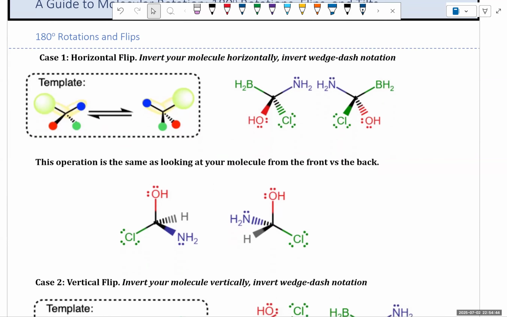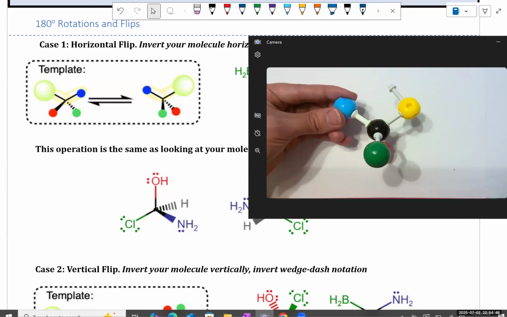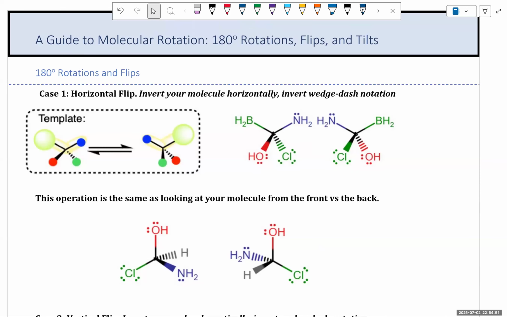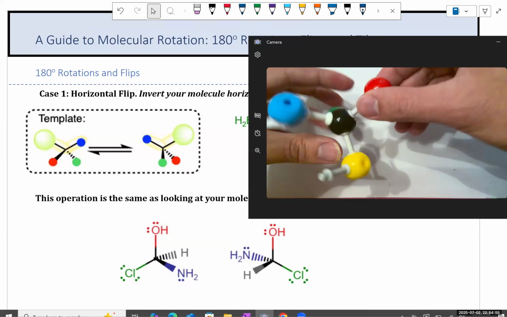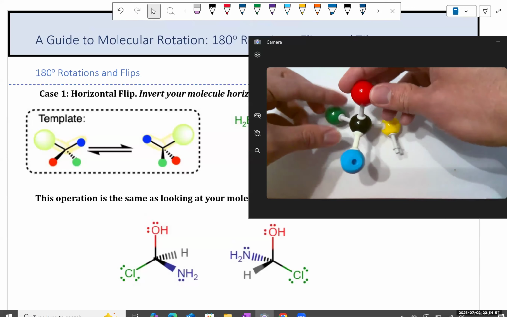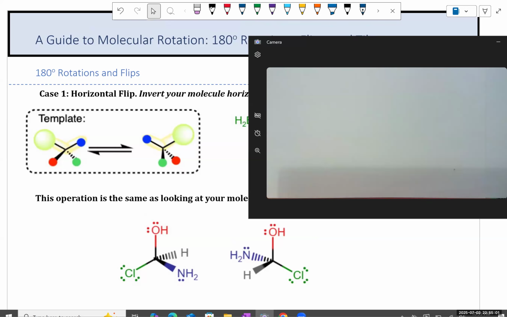This is really the exact same operation as looking at your molecule from the front versus the back. So let's showcase that. So here is our initial front view, except instead of boron, we have hydrogen. So let's make this model. So here's our front view.